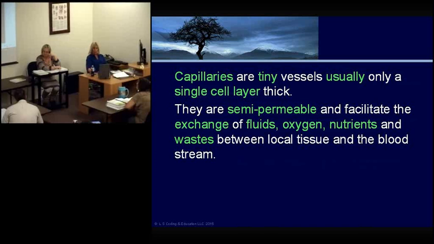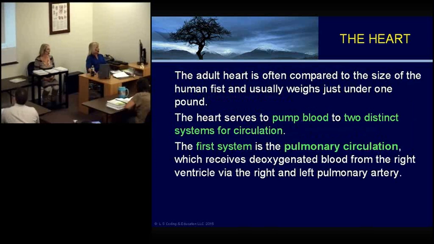They've got holes in them and facilitate the exchange of fluids, oxygen, nutrients, and waste between local tissue and the bloodstream. So in the capillaries, this is where they drop off oxygen from the arterial side and they pick up garbage on the venous side. We're going to look at a picture and I'll explain it again.